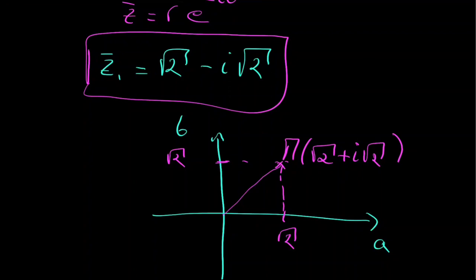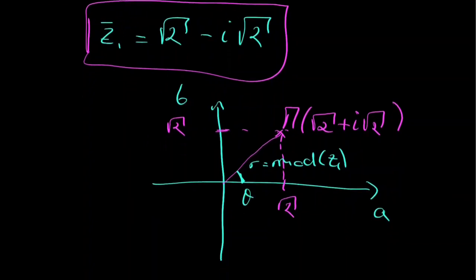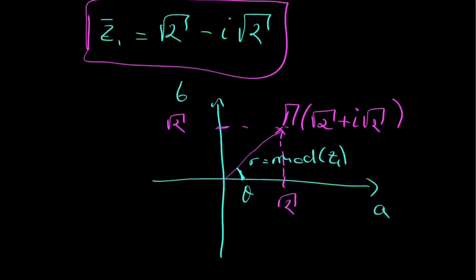So z, regular z. So let's try to find the modulus, r is equal to mod of z1, and the angle theta. So how will we find it?